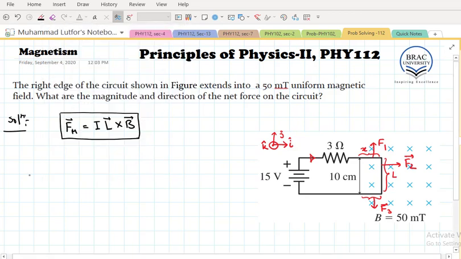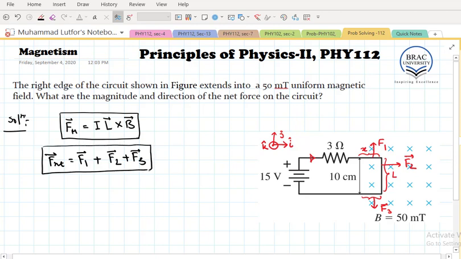Then the net force would be the sum of these forces: force on segment 1 plus force on segment 2 plus force on segment 3. So this is to be my resultant force, right?